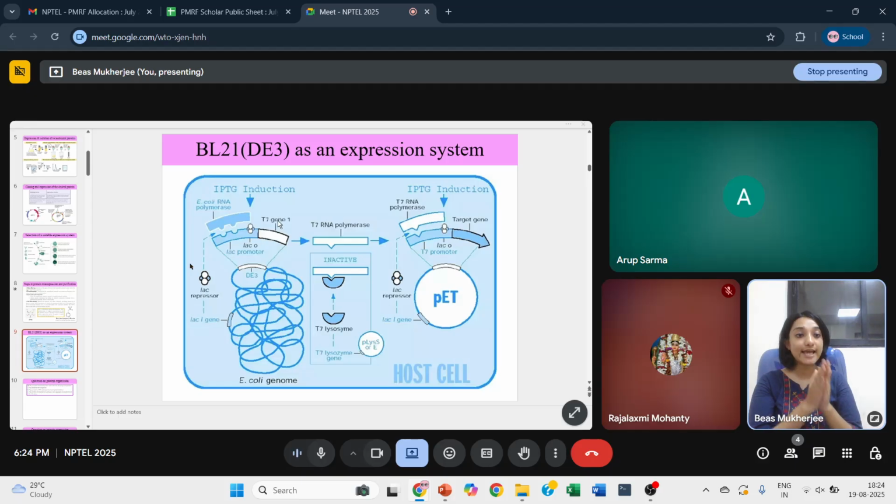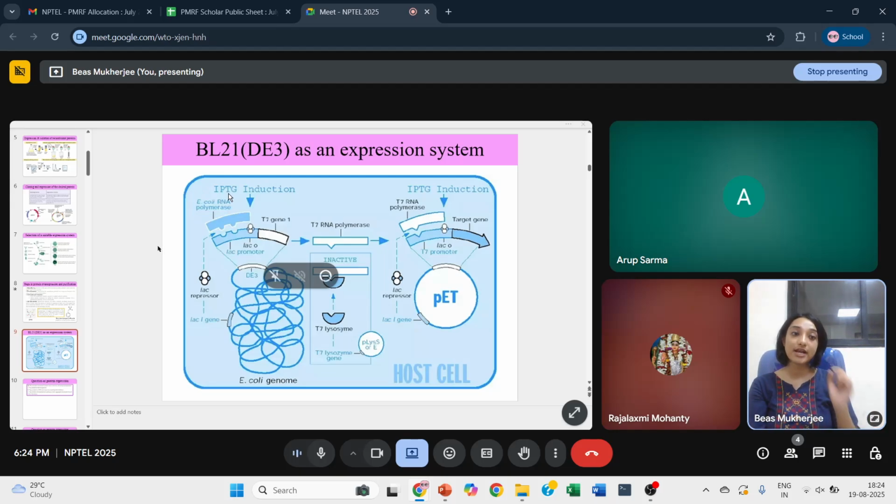And this structural gene is actually replaced, and there the T7 gene is there. Now the T7 gene is a gene which codes for a particular enzyme which is called the T7 RNA polymerase. T7 is once again a bacteriophage, and this T7 RNA polymerase is 5 to 10 times faster and 20 times less error prone compared to an E. coli RNA polymerase.